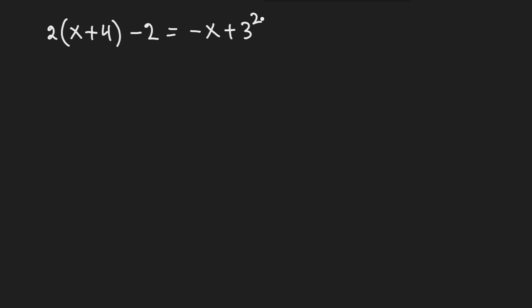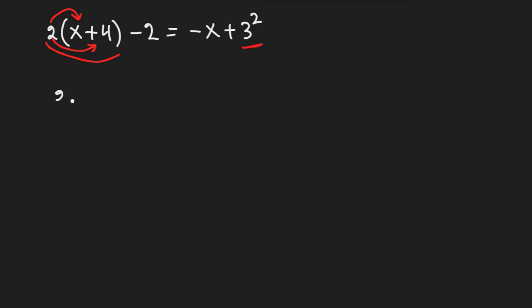First, we have to simplify the exponent part and the multiplication part. This one is the exponent part and this one is the multiplication. First, we'll multiply this 2 with both the number and the variable inside the bracket.